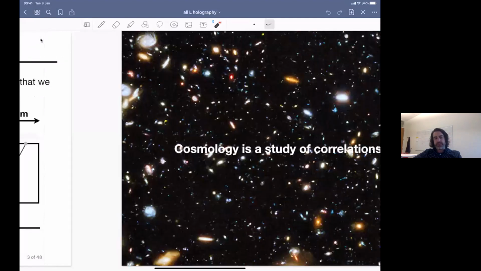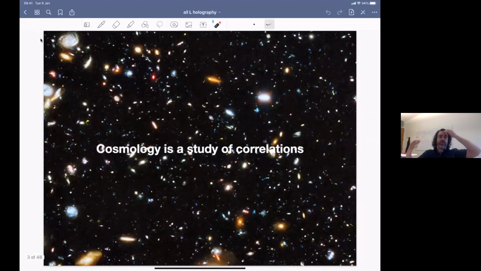Okay. So let me take a step back and remind you about why we like inflation, why we should try to think about inflation holographically. Let me try to motivate that for you. At zeroth order, cosmology is a study of correlations. We don't get to build universes in the lab and do experiments.